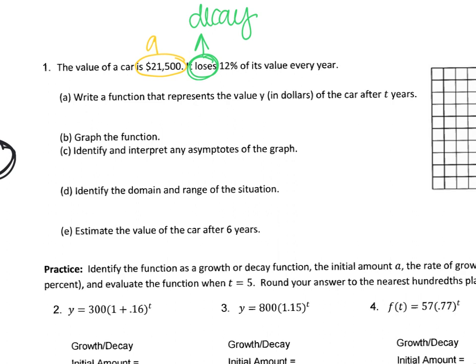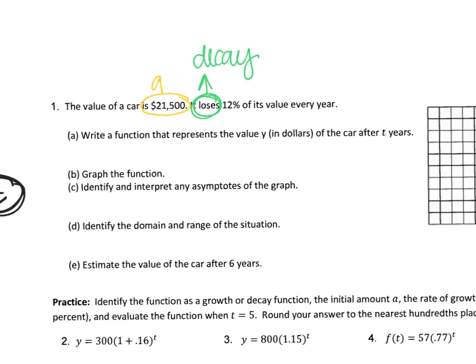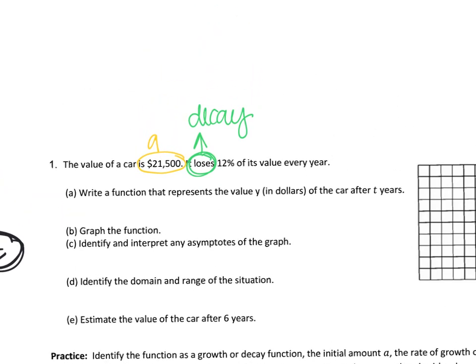It's the amount I have to pay. $21,500. That's how much I have to pay. And if you remember, the formula for exponential function is y equals A times B to the x power.